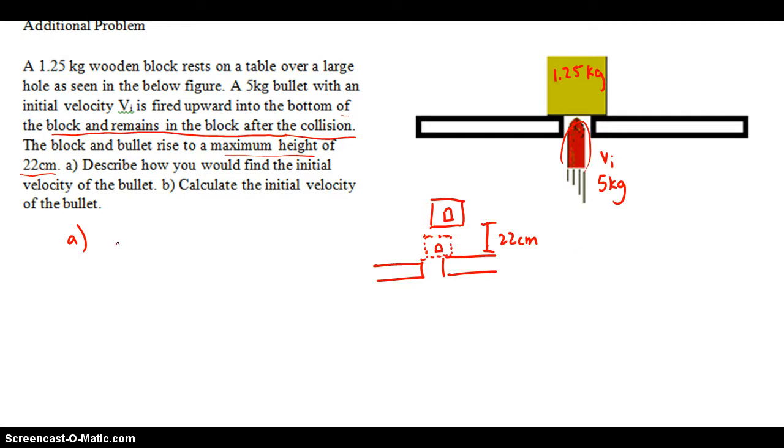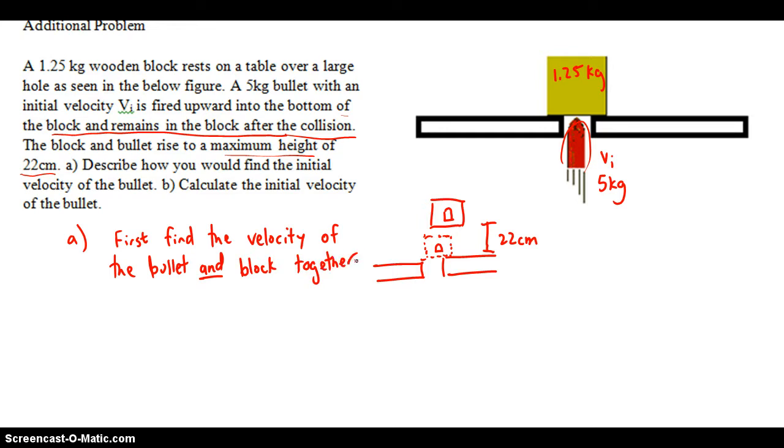So first, find the velocity of the bullet and block together right after the collision.